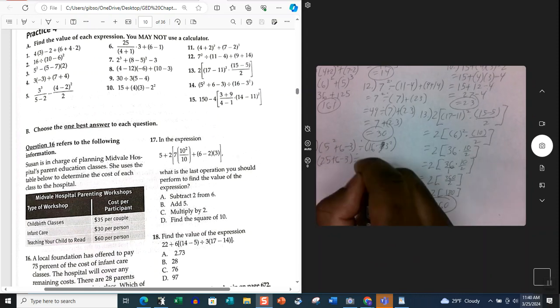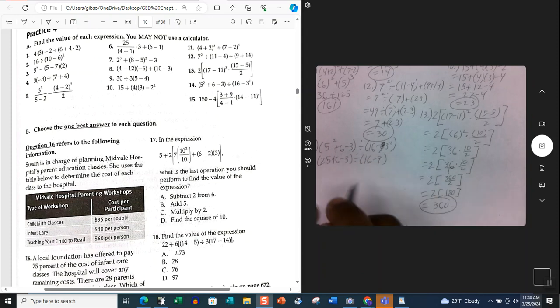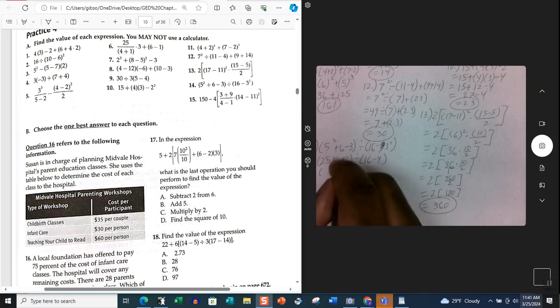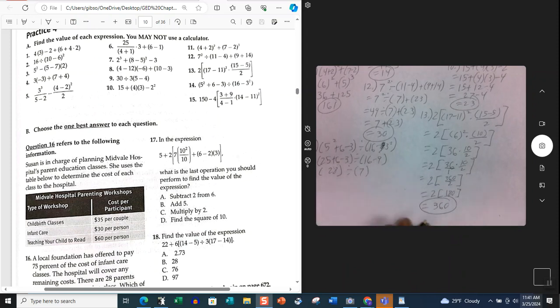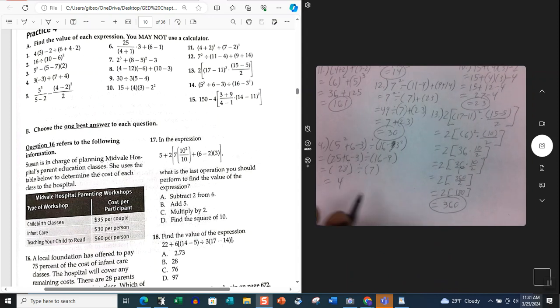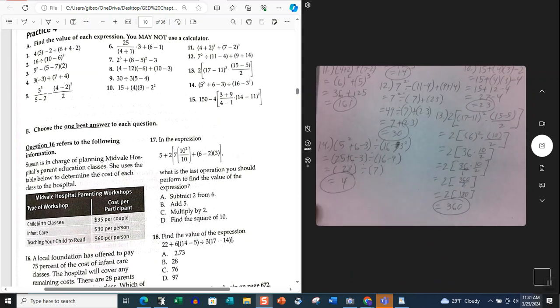And in this parenthesis, we'll do the exponent first. And that would be 16 minus 9. So 25 plus 6 is 31. Minus 3 is 28. Divided by 16 minus 9 is 7. 28 divided by 7 is just 4. And that's your answer for 14.